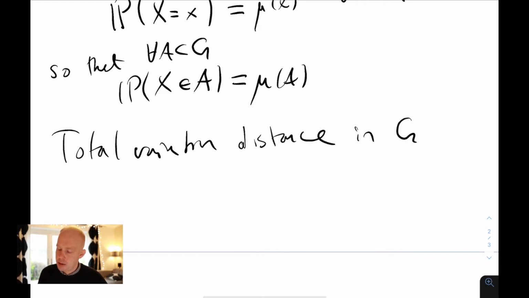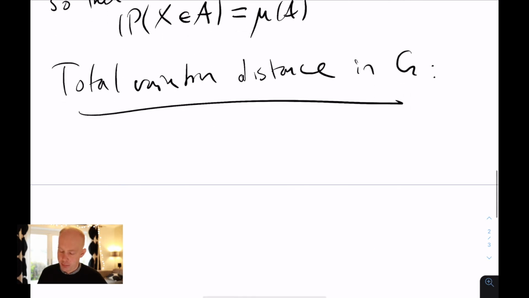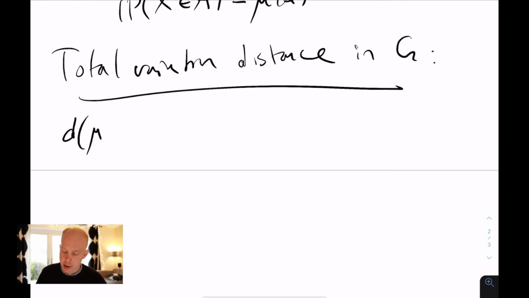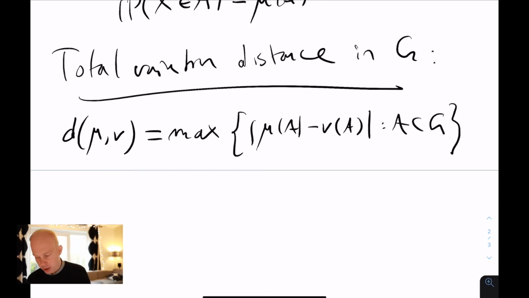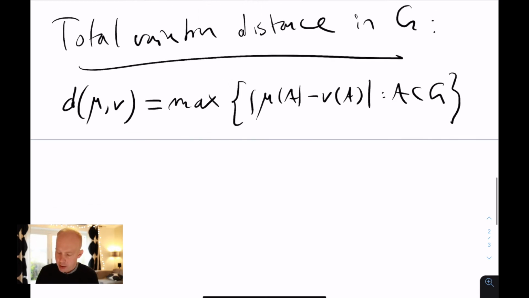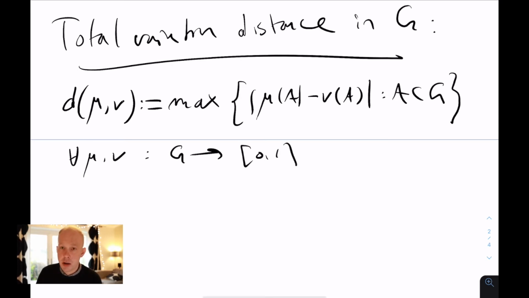In G, we can define it in the following way: the total variation distance between two probability distributions is equal to the maximum of mu of A minus nu of A, where A is a subset of G. So that's the definition. We take all the possible subsets inside the group, so we can formally define this for any mu and nu, probability distributions on G.